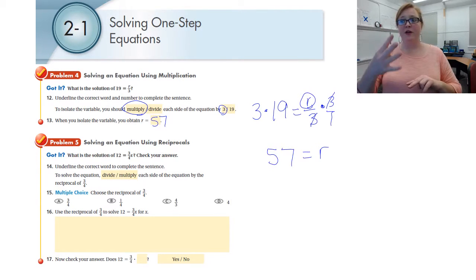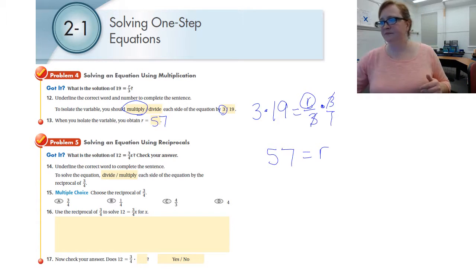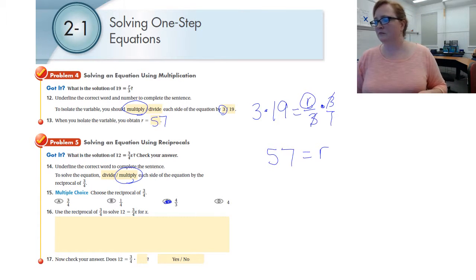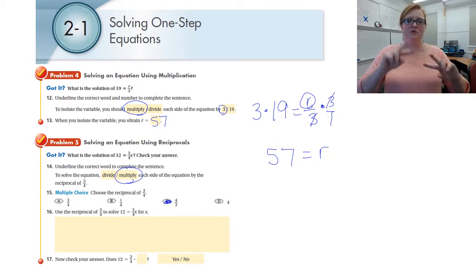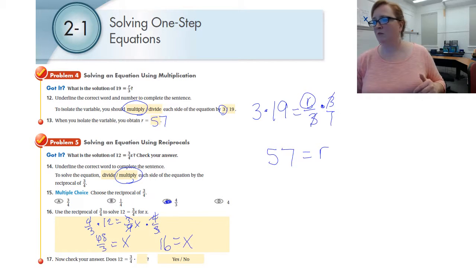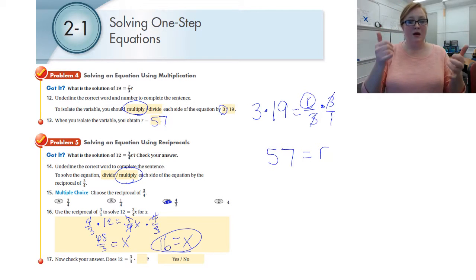The reciprocal of 3/4 is what? 4/3. Number 16, use the reciprocal of 3/4 to solve 12 is equal to 3/4 x, for x. Now, check your answer.